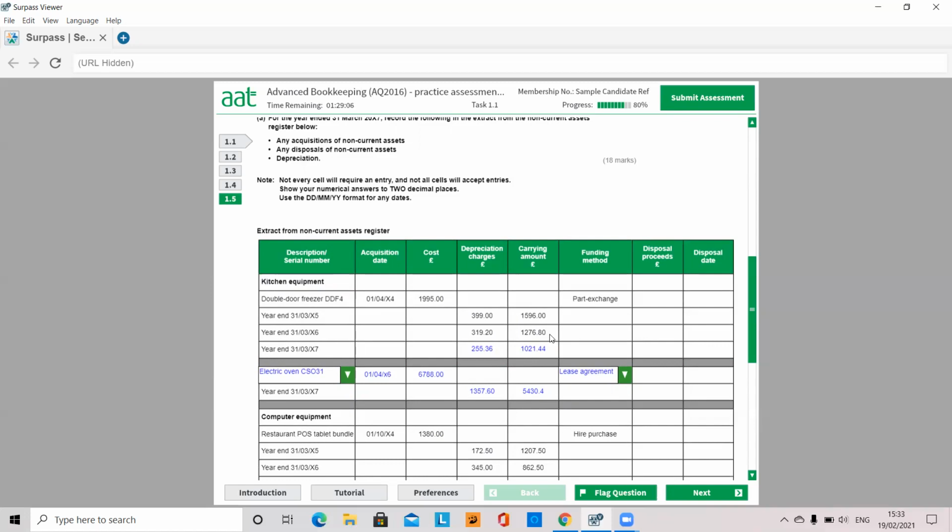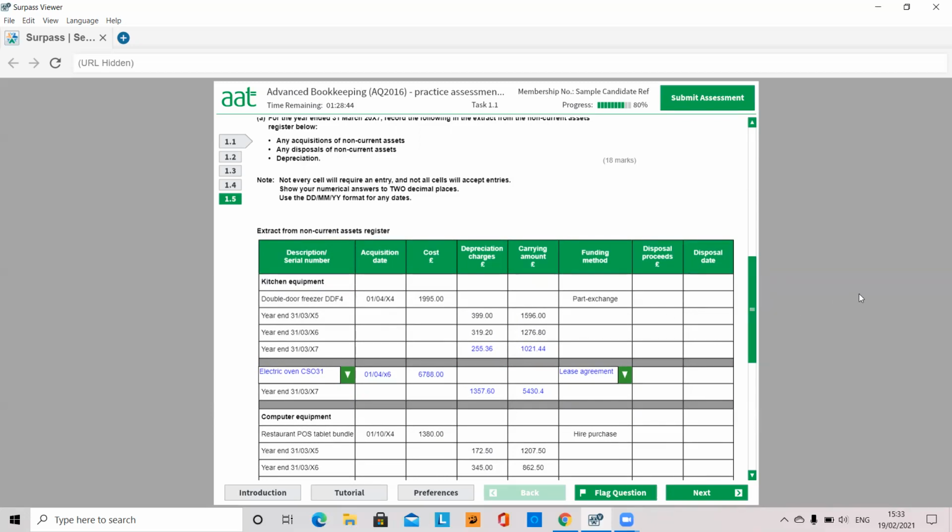So again, it tells us it's 20%. So 20% of 127,680 is 255.36. So again, 127,680 minus 25536 gives us a carrying amount of 102144. So that's for the kitchen equipment.